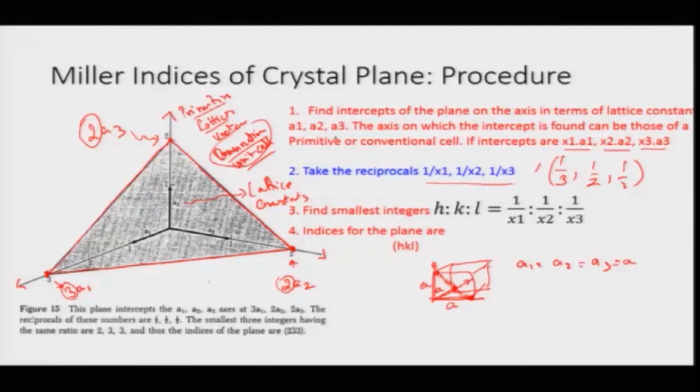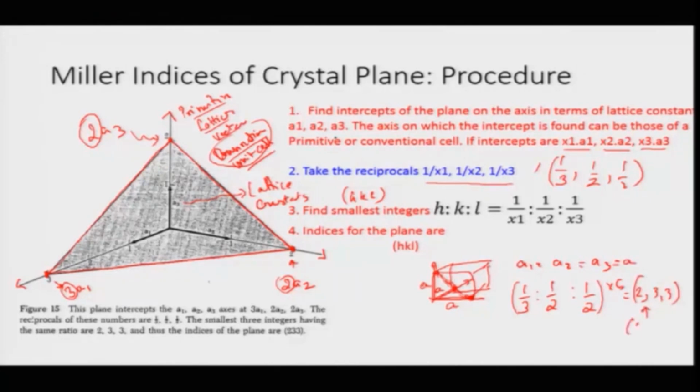Then I have to find out the smallest set of integers HKL whose ratios are exactly identical to the ratios of the inverse of the intercepts. What I do is multiply by the least common factor for them and I will get 2, 3, 3.